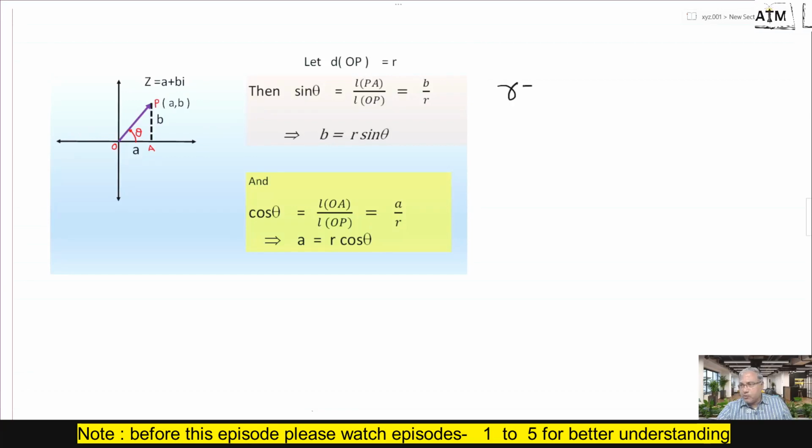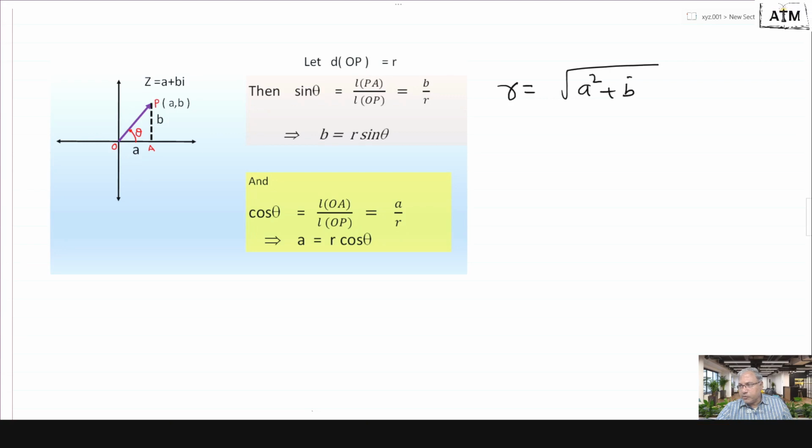Here r equals under root of a square plus b square and z equals a plus ib. We already have a equals r cos theta and b equals r sin theta. Call it equation 1 and equation 2. Now we put 1 and 2 in the equation z equals a plus ib, which we call equation 3.